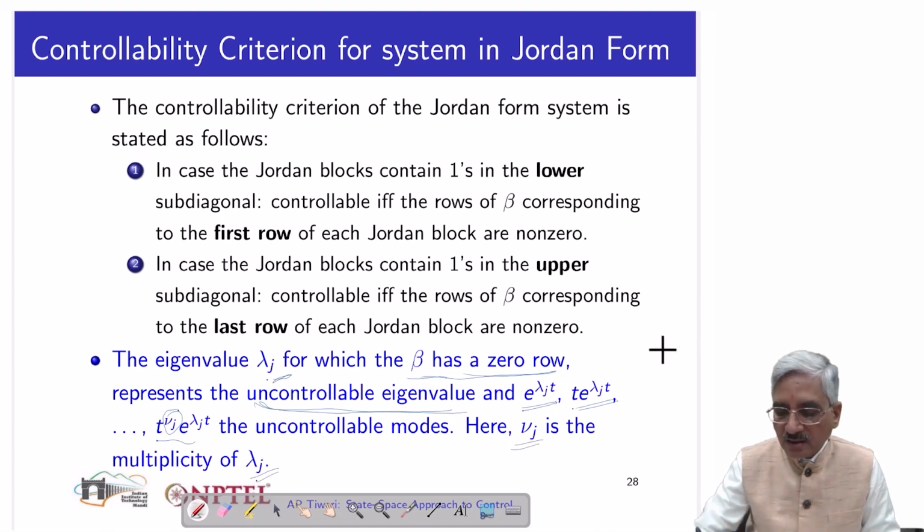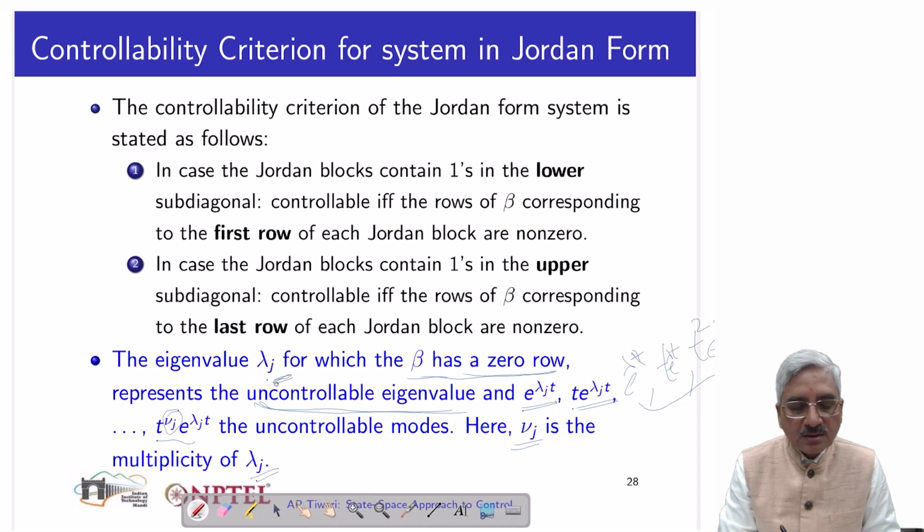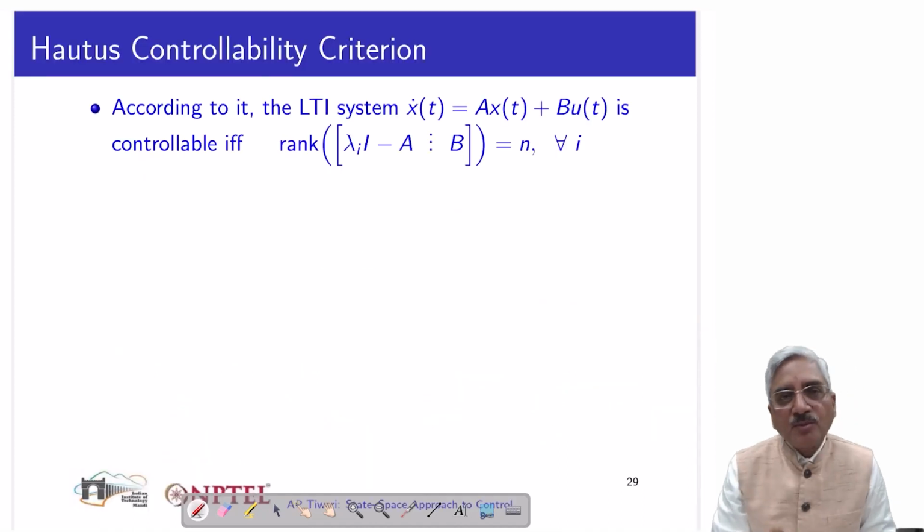So we have seen that in case of Jordan block matrices, when we solve, we get e power lambda t, t e power lambda t, t square e power lambda t, and so on as the modes. So all the modes corresponding to the eigenvalue lambda j will be uncontrollable if the eigenvalue lambda j is uncontrollable. So again, here also we get specific information about which eigenvalues or modes are controllable and which are uncontrollable.